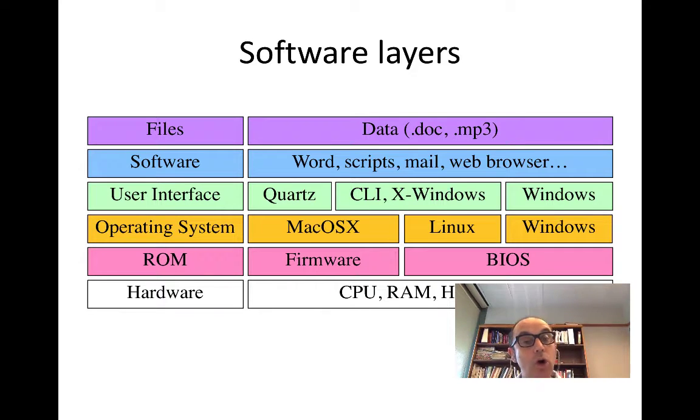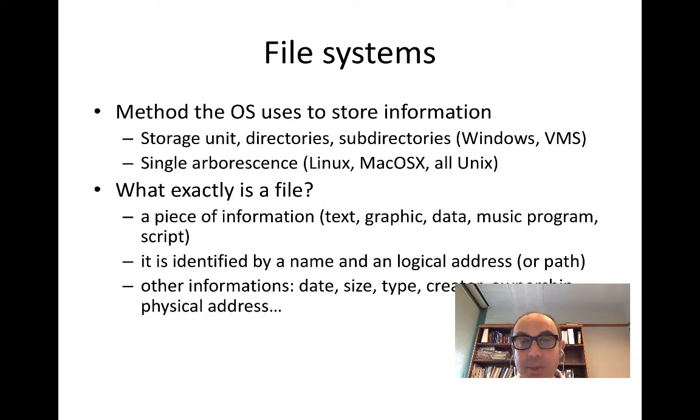Nowadays we have Google interface too, and we have the software that runs our applications such as Microsoft Word or scripting or mail or web browser, and we have files that we keep in order for us to apply that. We have different types of file systems, and what does it entail?